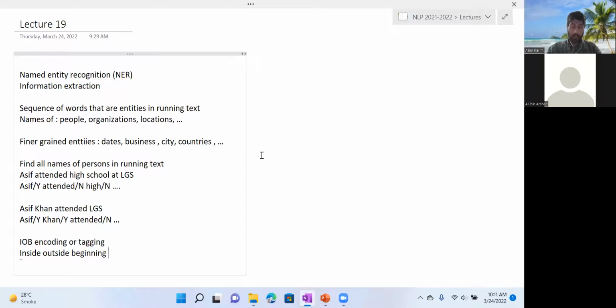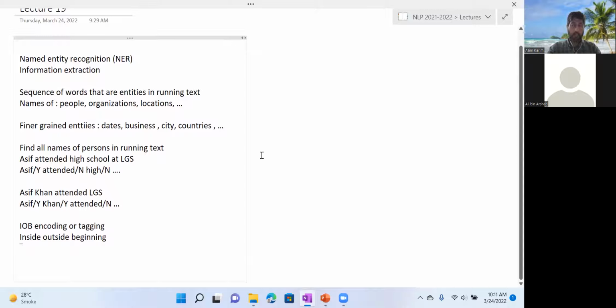So in the case of the sentence that I wrote just now, Asif is actually the beginning of the named entity, and Khan is the inside of the named entity, which implies that an entity that has started as B is continuing when you see an I there. And then we have attended.